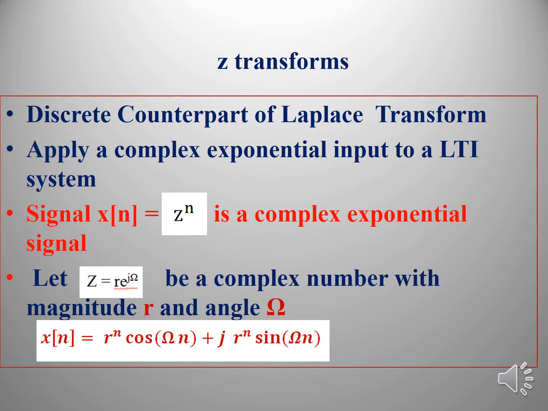x of n thus could be represented, on substituting the value of z equal to r e power j omega, as x of n is equal to r power n cos omega n plus j into r power n sin omega n.